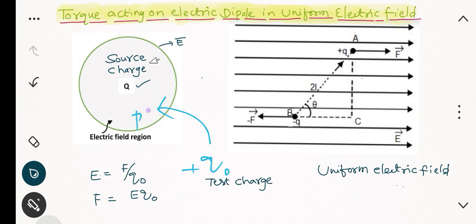If we want to calculate the intensity of electric field produced by this source charge, the charge which produces the electric field is called the source charge.